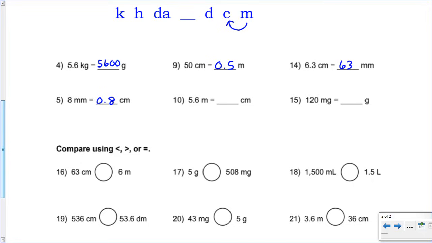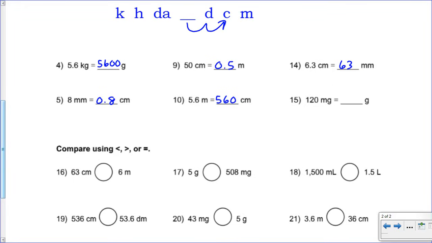Then 5.6 meters to centimeters. Here we're going from our base unit, the meters, to centimeters, that's going to the right. So 5.6, going 2 to the right, 1, 2, that gives you 560. If you fill in an egg basket there.